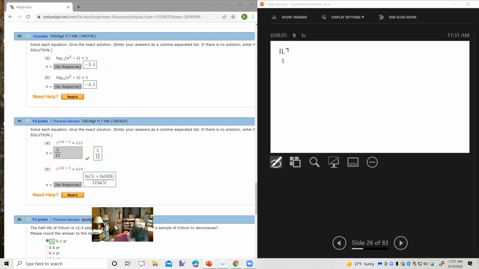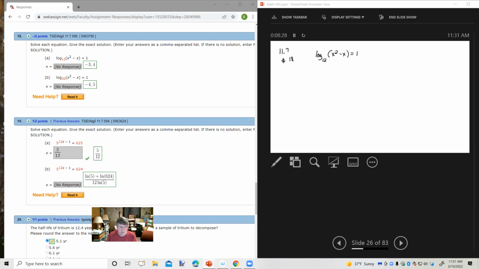11.7, number 18. It says solve each equation. Give the exact solution. All right, so we have log base 12 of the quantity x squared minus x equals 1.